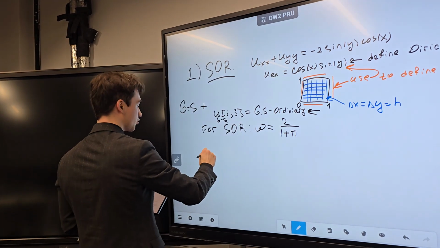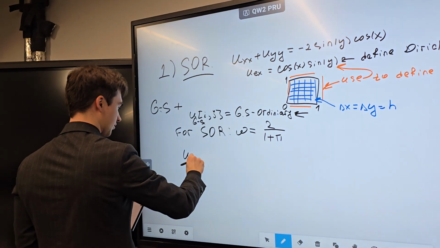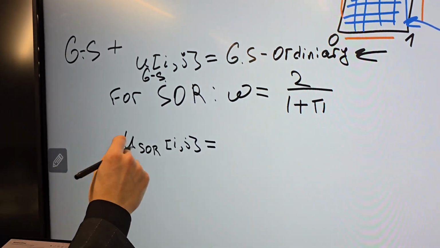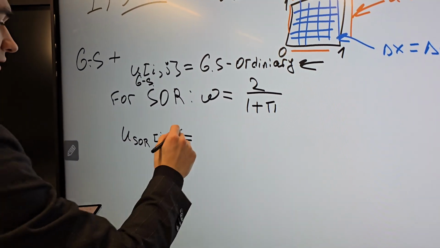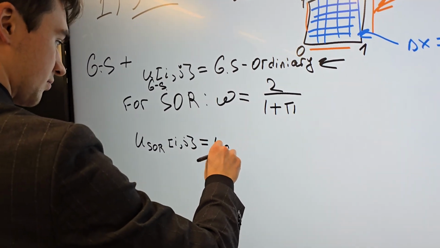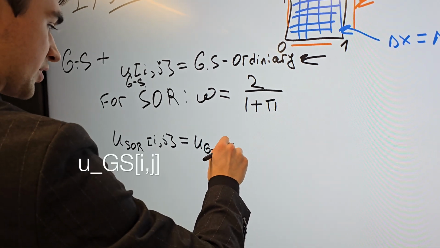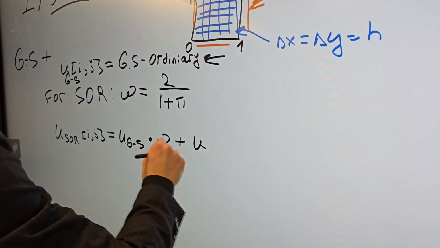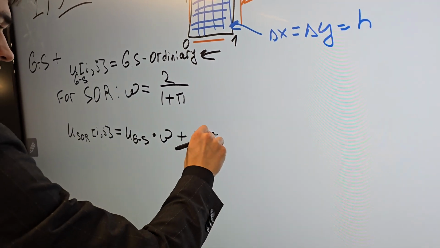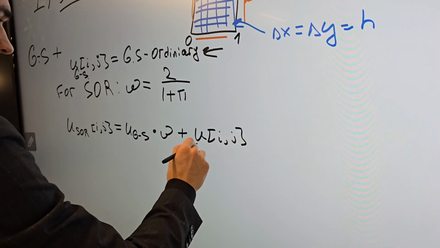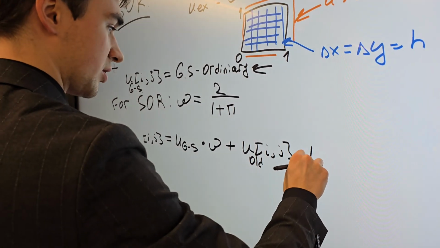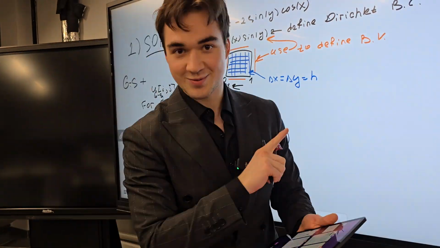And for SOR, you just do the following. You say that you use Gauss-Seidel with parameter omega, plus u_ij, for example, the old one from the previous step, times 1 minus omega.